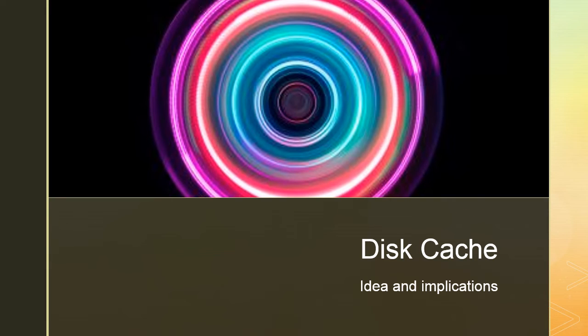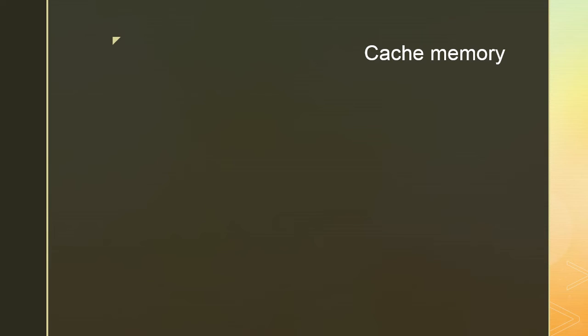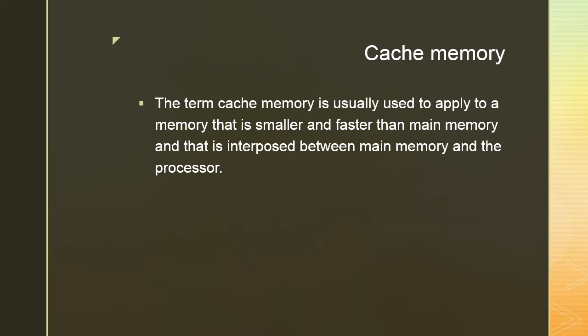Another idea important for I/O management is the disk cache. Cache memory. The term cache memory is usually used to apply to a memory that is smaller and faster than main memory and that is interposed between main memory and the processor.